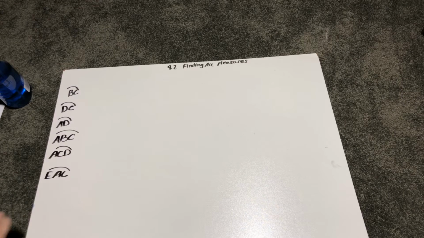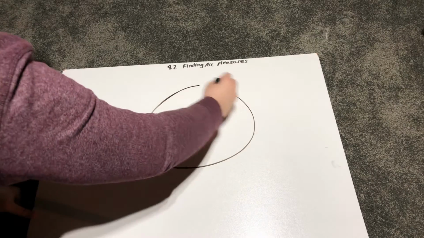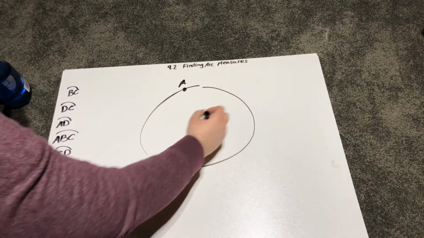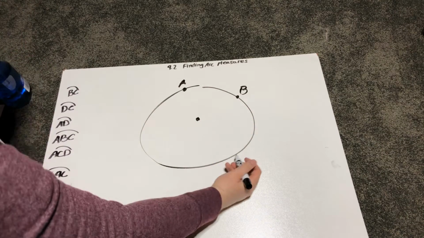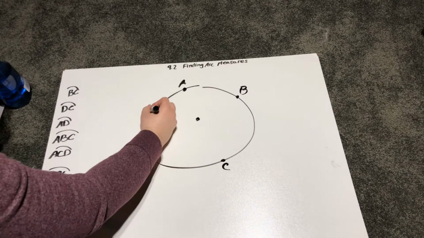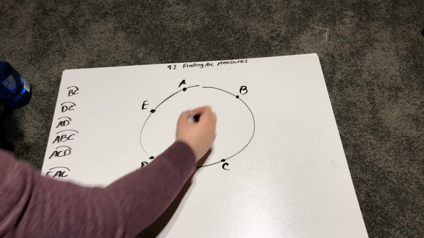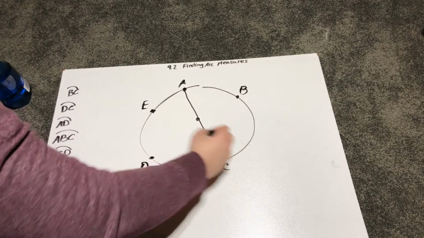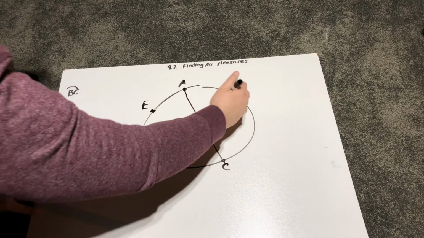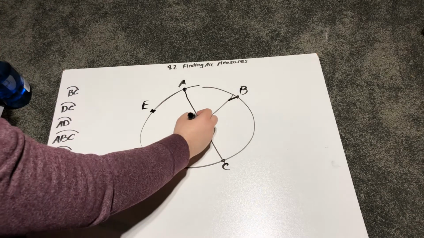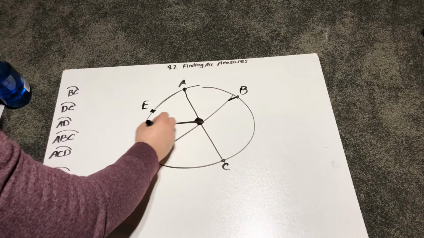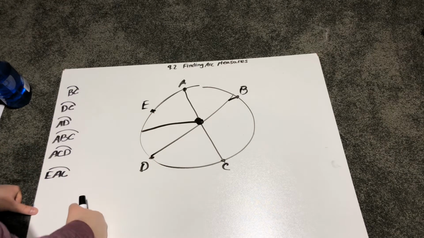So we've got all these arcs, and if I draw a big circle, A, B, C, D, E, shoot.